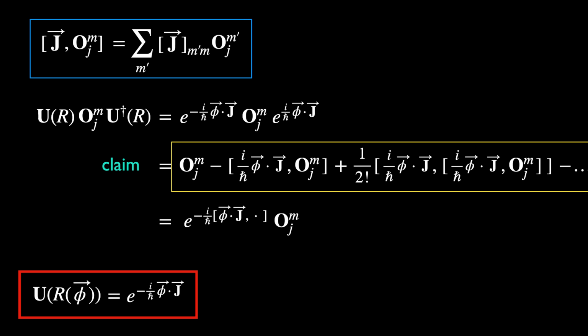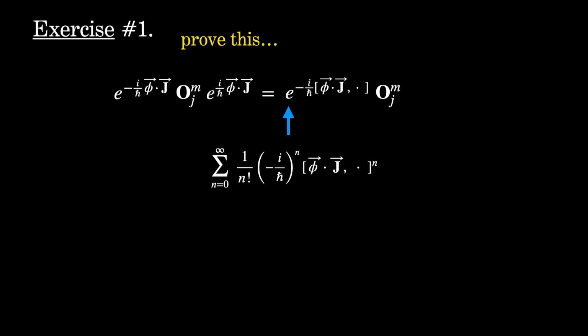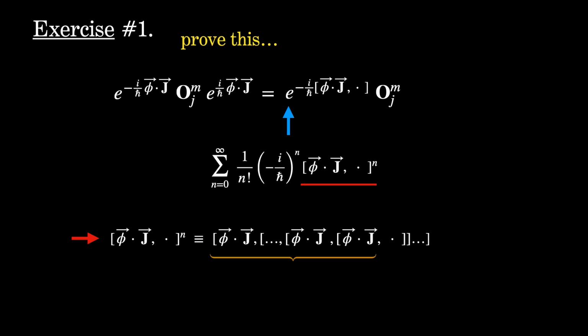Here's an exercise that will help you derive this result. Prove this operator identity. Let's look at the power series of this exponential. This notation is just a convenient way of expressing the nesting of the commutators around the target n times.